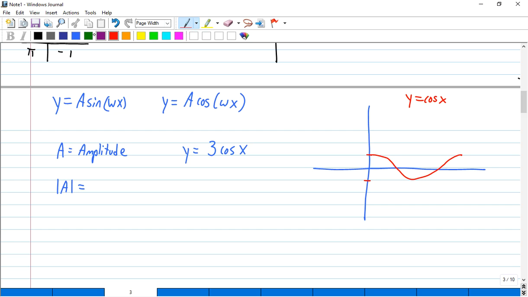Then y equals 3 cosine of x, instead of having a high point of 1, is going to have a high point of 3. And instead of having a low point of -1, it's going to have a low point of -3. It's still going to cross at the same places on the x-axis.